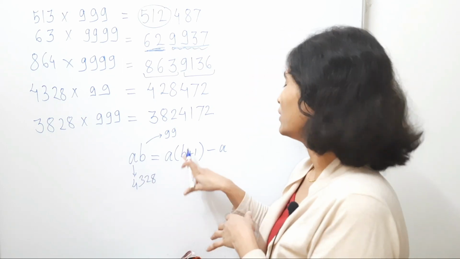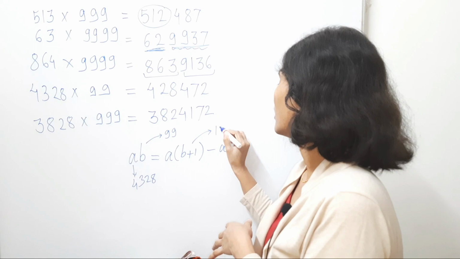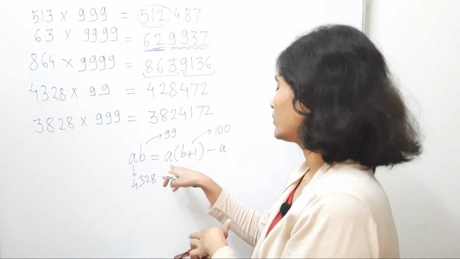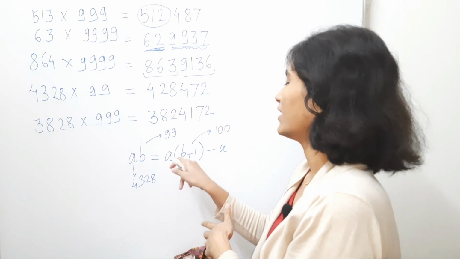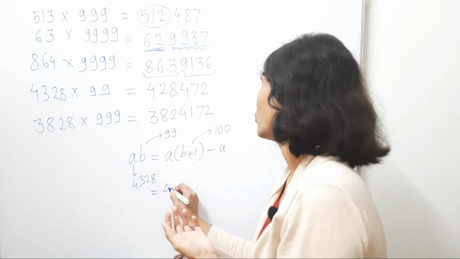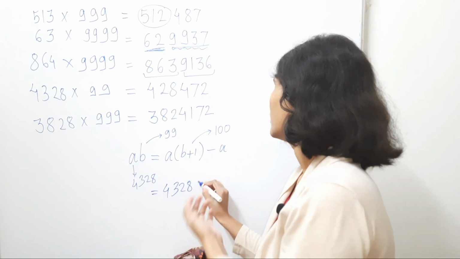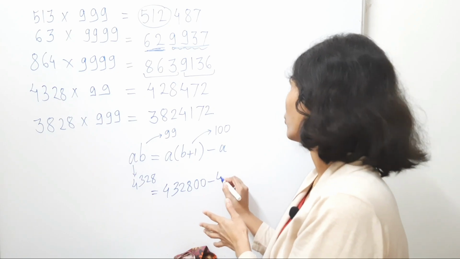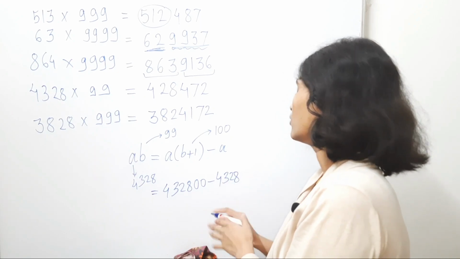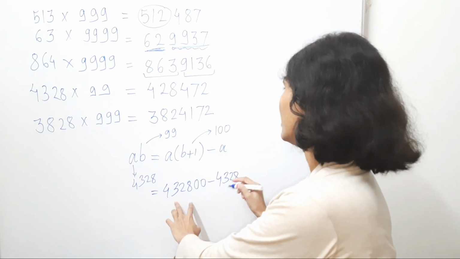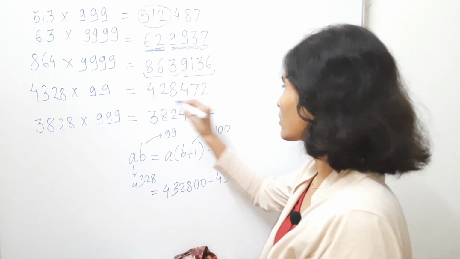Now B plus 1 is 100. So we just have to put A equal to 4328 into 100. That means this is just 4328 with 2 zeros, minus A. What is A? It is 4328. So we have to just take this subtraction. So for this the answer is 428472.